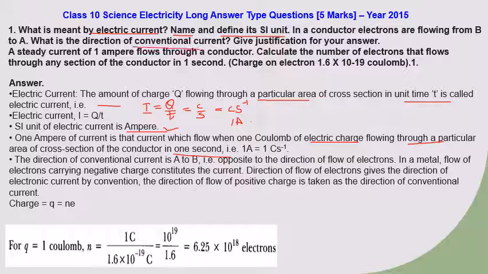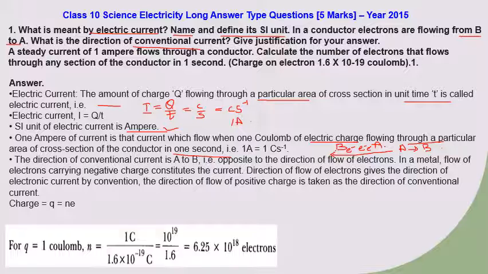If the electrons are flowing from B to A, we know that the conventional current always flows in the opposite direction of the flow of electrons, right? So the flow of current will be from A to B. So we consider that the flow of current is opposite to the direction of flow of electrons. So we can say that the flow of current is nothing but the flow of positive charge.